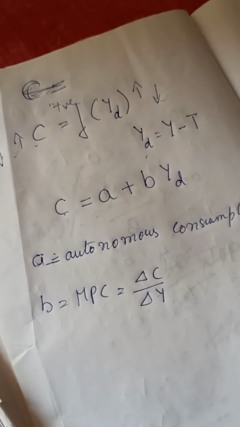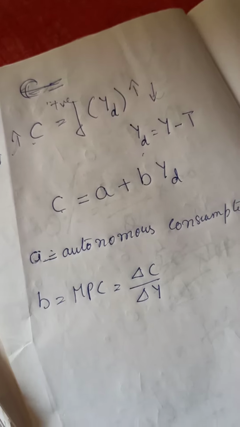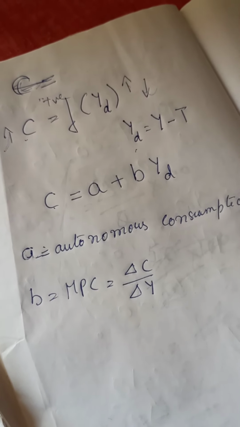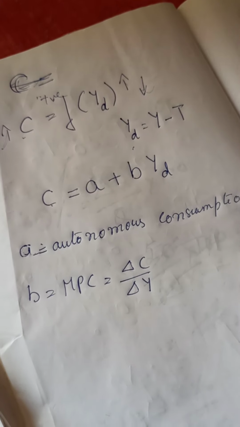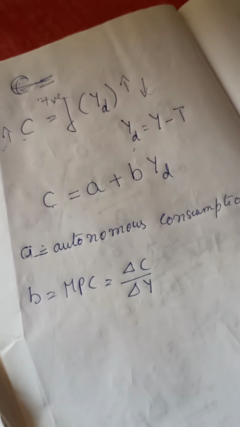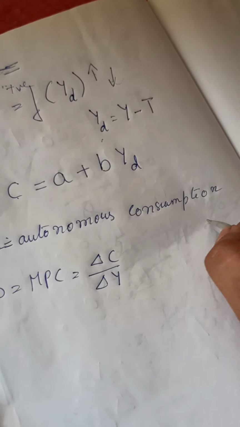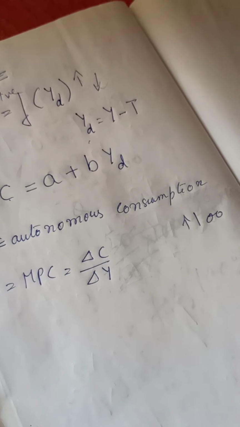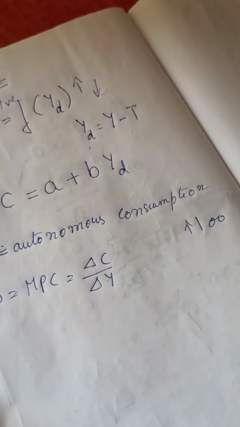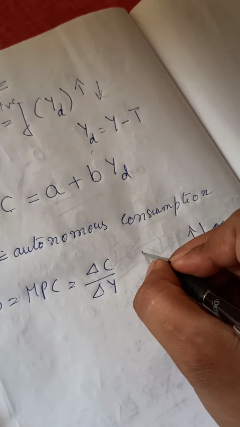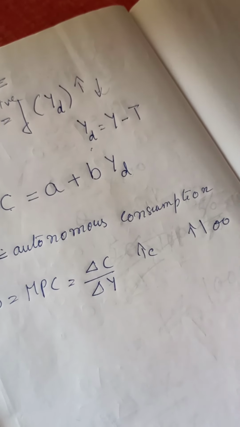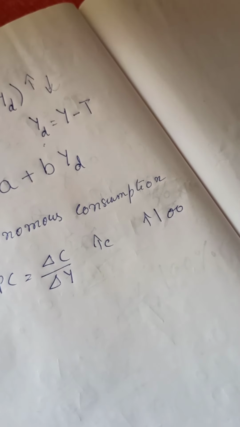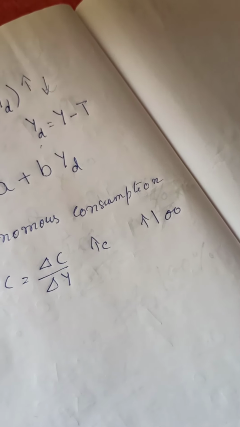We know that if our income increases by 100 rupees, our consumption will also increase, but the increase in consumption will be slightly less than the increase in income, because we won't spend our entire increased income on additional consumption. Our consumption won't increase by 100 rupees, rather it might increase by 80 or 60 rupees.